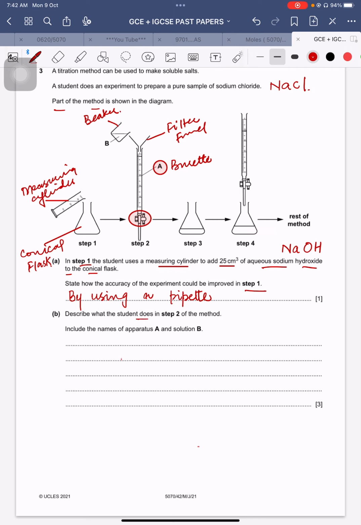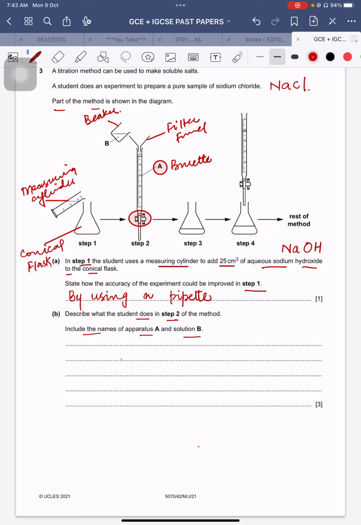Describe what the student does in step number 2 of the method. Include the name of the apparatus A and B. He filled the burette with the help of a filter funnel, and from the beaker the solution is shifted to the burette. So here in step number 2, just the burette is filled.